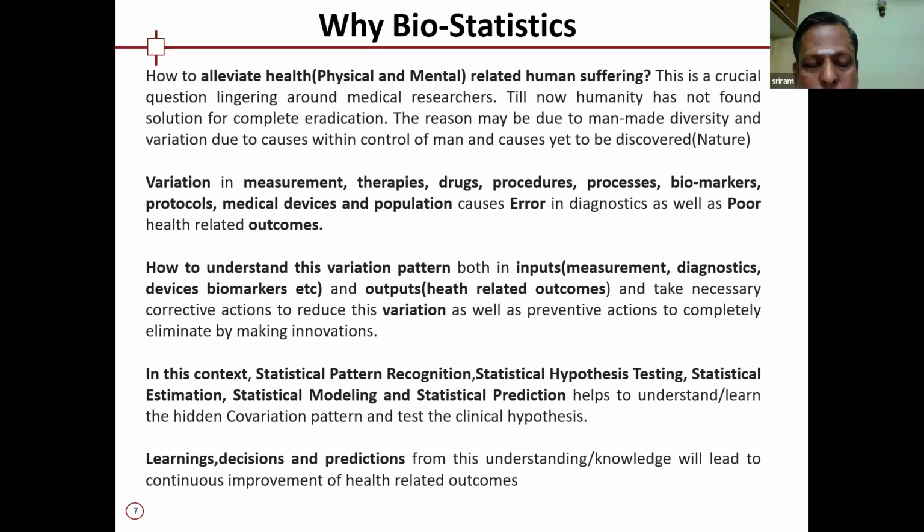But I again stress that statistics only helps you. Usually this is a collaboration of three entities: the biostatistician, the clinical people and domain experts like doctors and surgeons, and the computer system people.